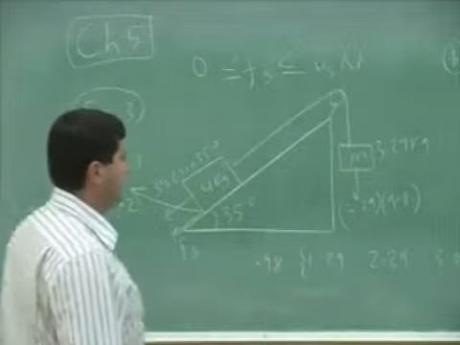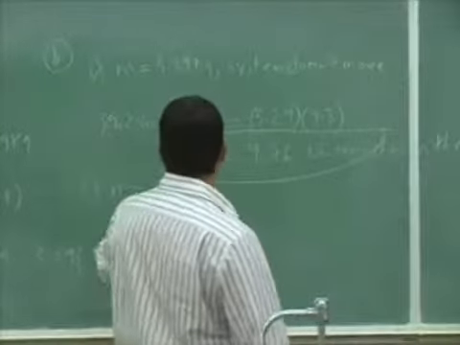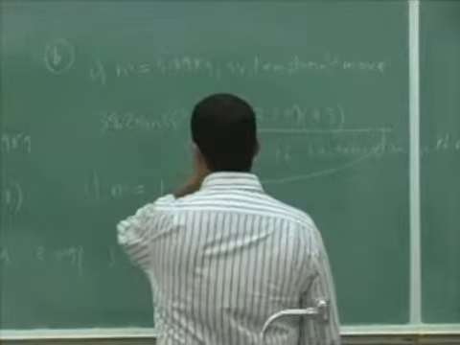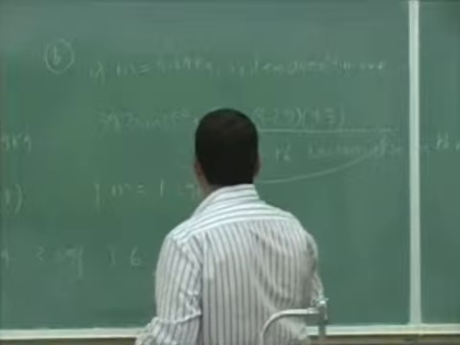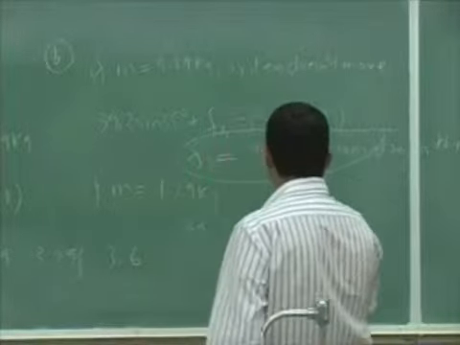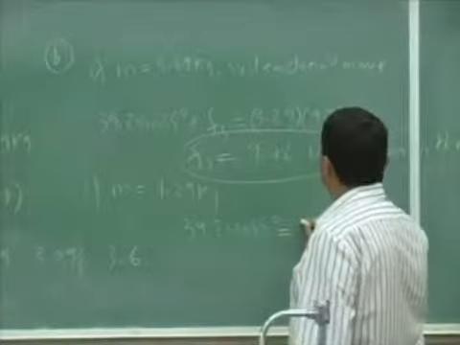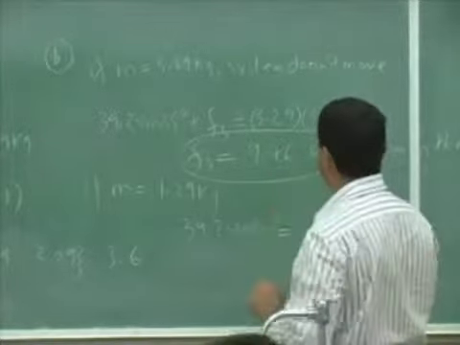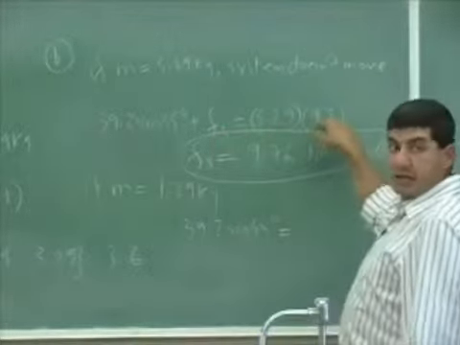Okay, so if m is 1.29, it's not going to move. And what's the value of Fs going to be? Well, this time you're going to have 39.2 sine 35 equal to, this time the friction force is going to help the hanging mass.